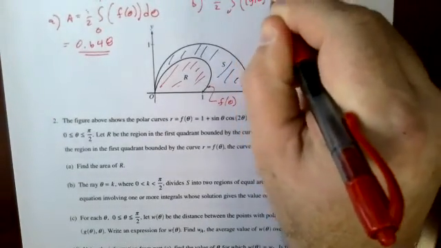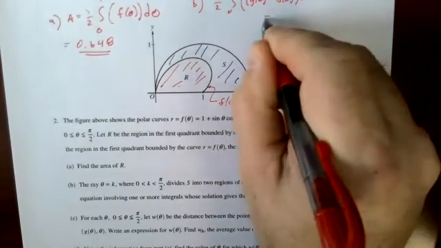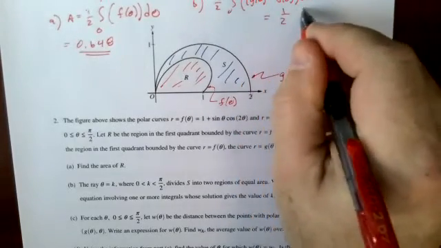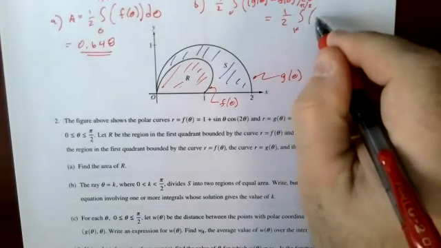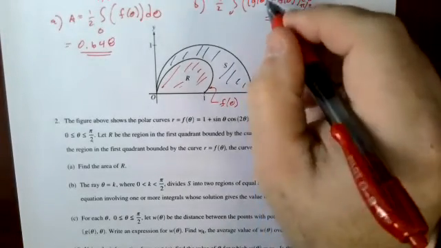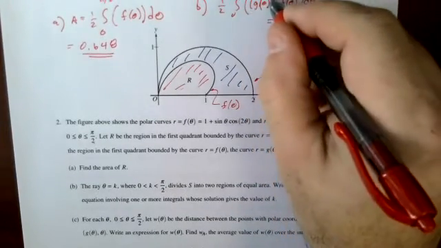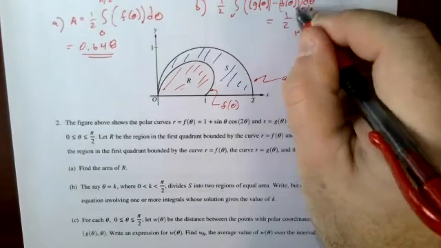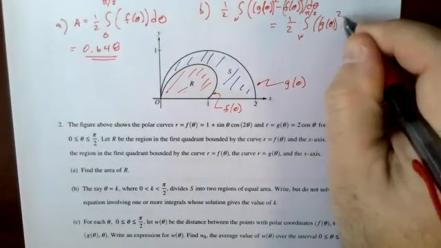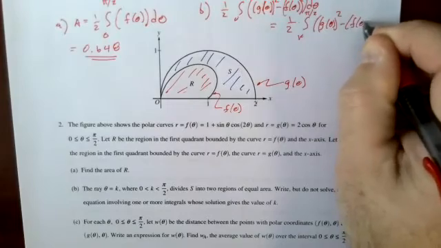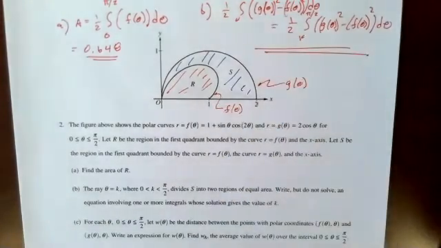G of theta squared minus F of theta squared d theta equals, I don't think I can fit it here, 1/2 integral k to pi over 2 of g of theta squared minus F of theta squared d theta. I think I got too many parentheses here. If I'm not mistaken, that's it.